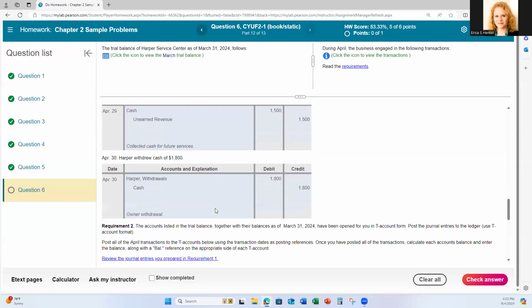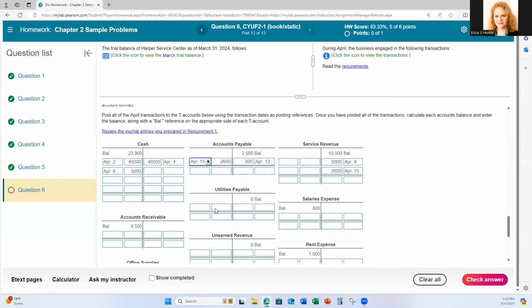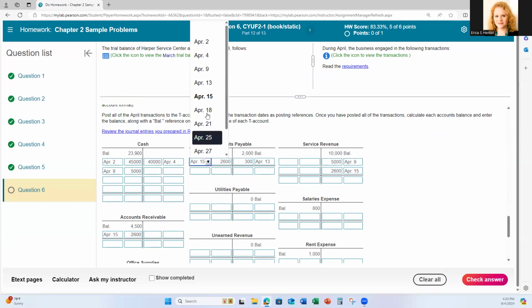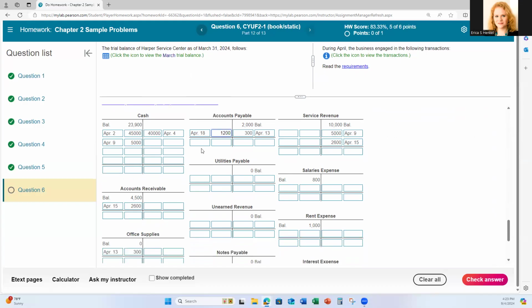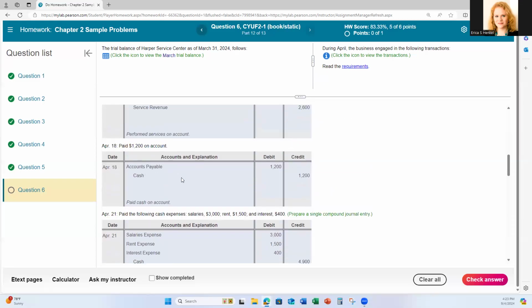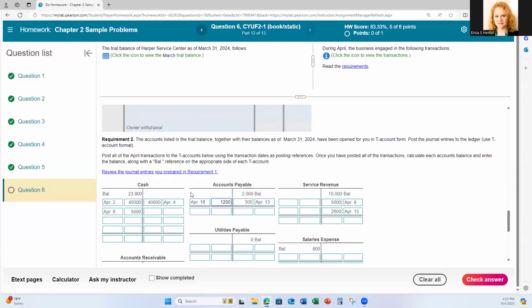I think I put that on the wrong one. That was supposed to be a receivable, wasn't it? Hold on. This is supposed to be the 1,200. Yeah, I definitely put that under receivable or a payable. So anyway, accounts payable. Sorry, let me go back to that. April 18th, accounts payable and cash. Okay.